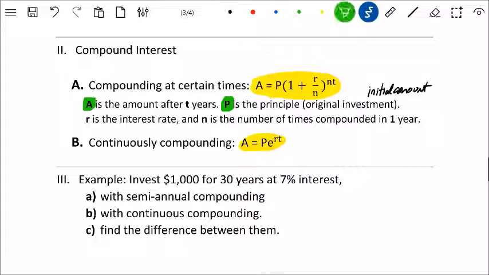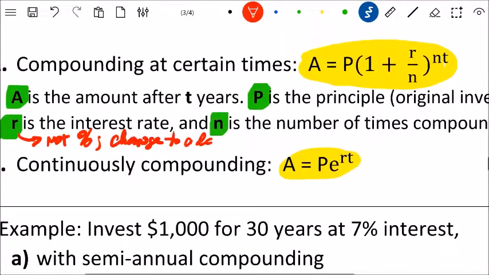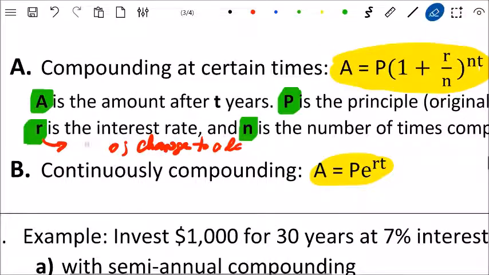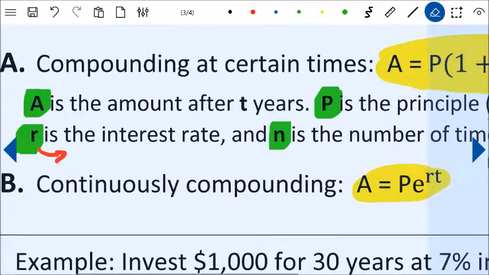And then you have R for the interest rate and N for the number of times compounded in 1 year. Remember about the interest rate, not percent. Change to a decimal. I think I need to write that a little bit clearer, and I'll do that by increasing the size.